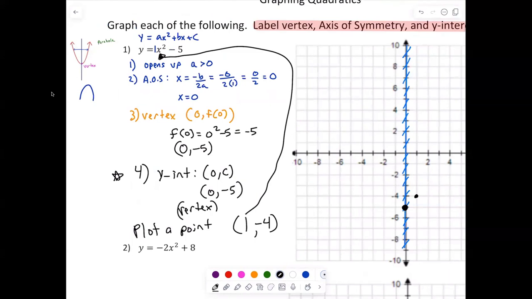What's 1 squared? 1. 1 minus 5. -4. Do you agree with that? All right. So there we have it. 1, -4. The c value is this number right here. Oh, that makes sense.